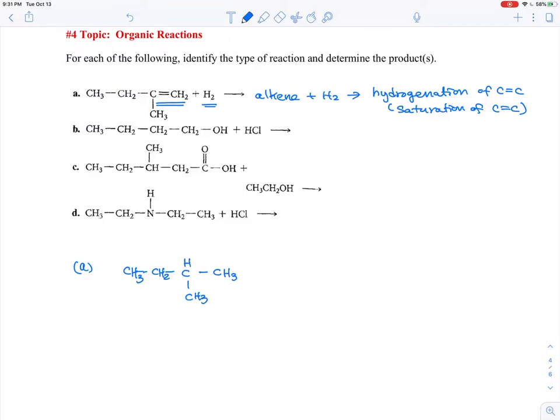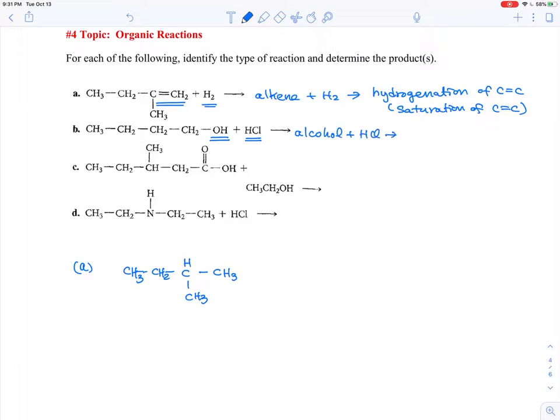So let's look at the number 2, and I see the alcohol here, and I see the HCl. And there are two stages of this reaction we are looking for. The first stage is actually this. Let me just write this one first. Okay, so let's write that as alcohol with HCl.